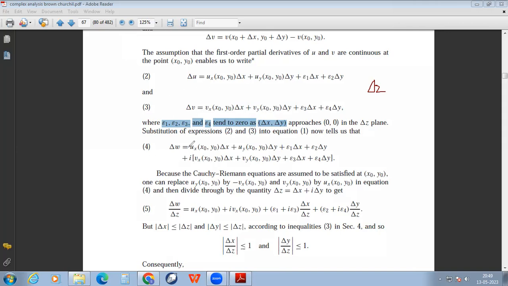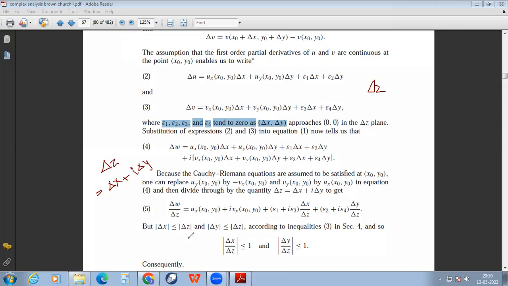Yes. So if I talk about delta z, it is nothing but delta x plus I delta y. So what you find is delta x is nothing but the real part. So being the real part, its modulus has to be smaller than the modulus of the original.